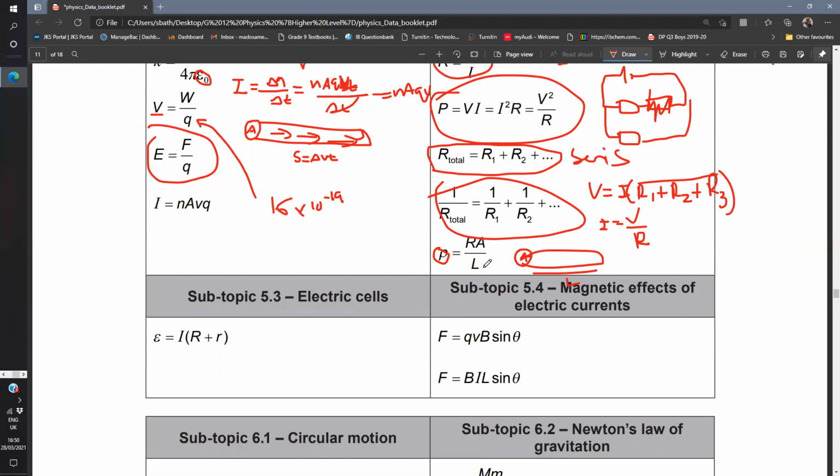And from this formula, it can be seen that the higher the length, the larger the resistance, and the higher the area, the lower the resistance.